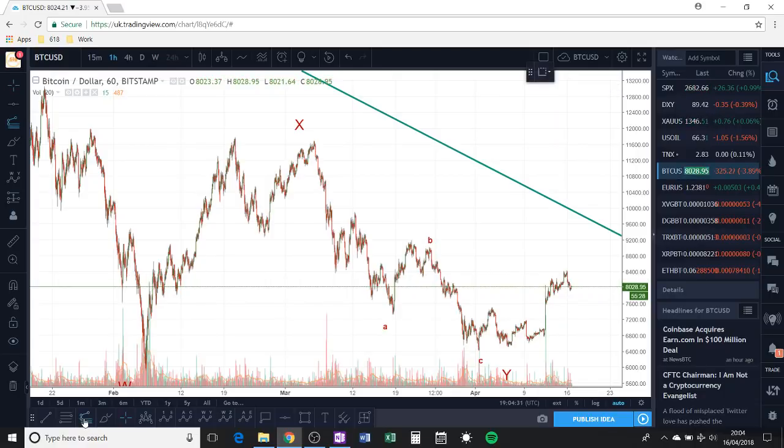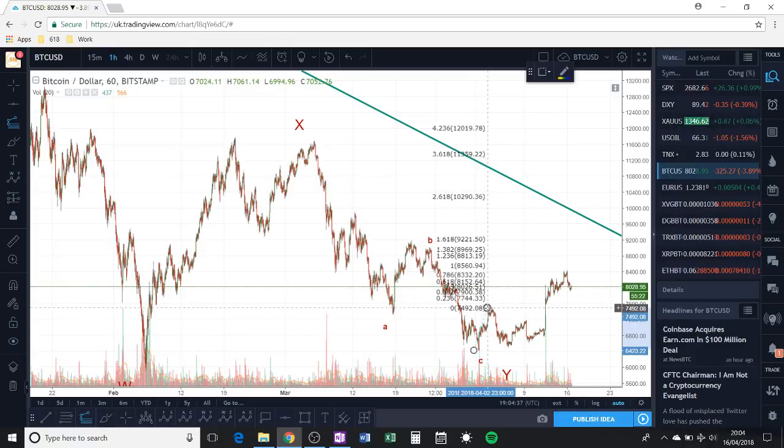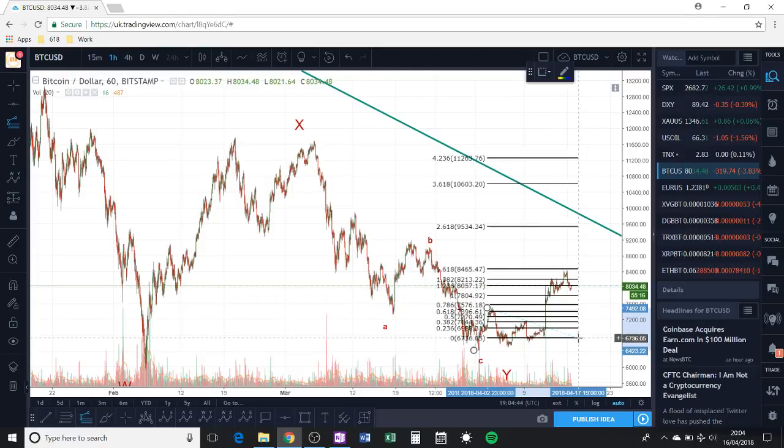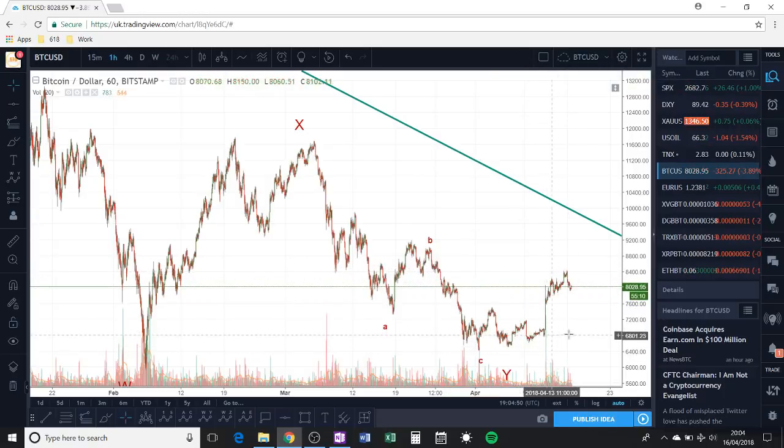So, for example, if this is a WXY, we can see that's W, X is a triangle that finishes there, and Y is coming to approximately the 1.618. So that's one way of looking at it.